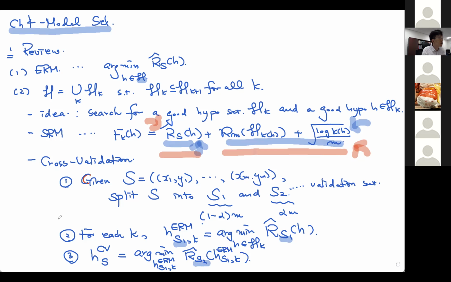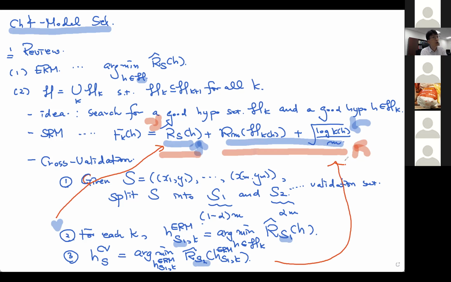So this step number 2 is related to what I mentioned here. Okay. This one is related to if you match what's going on here with what happened with SRM. This step 2 is a bit related to minimizing the empirical risk in the SRM. And step 3 is a bit related to this measure.